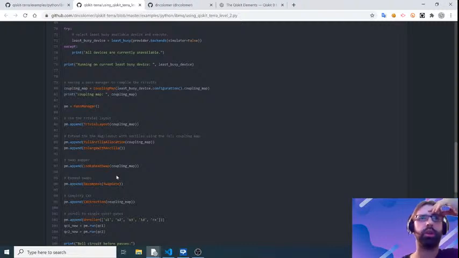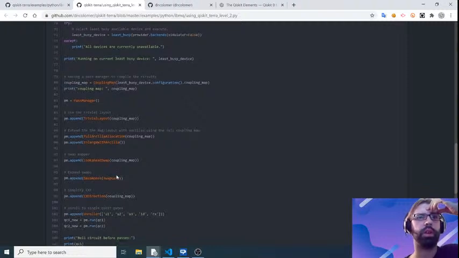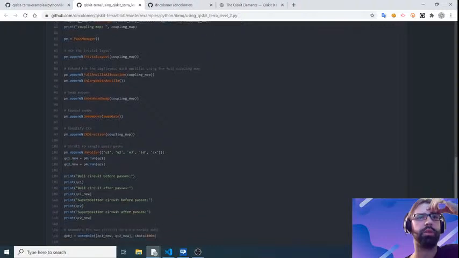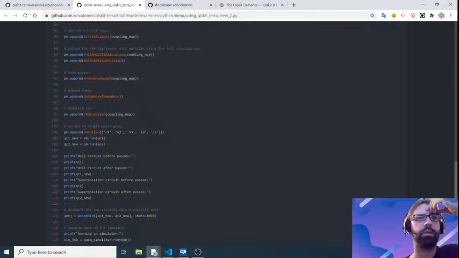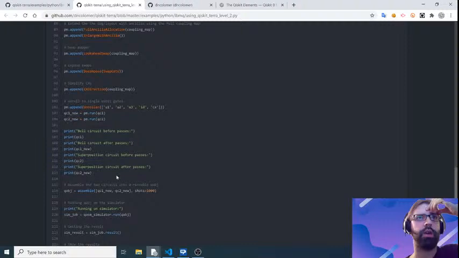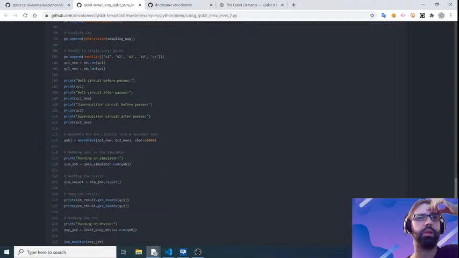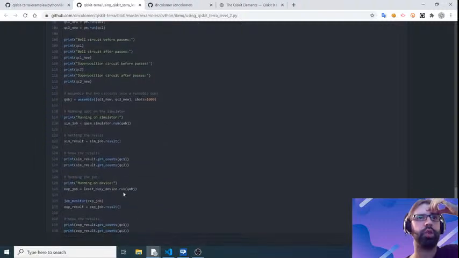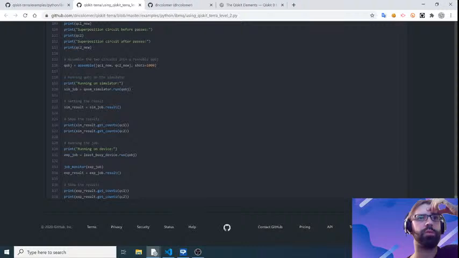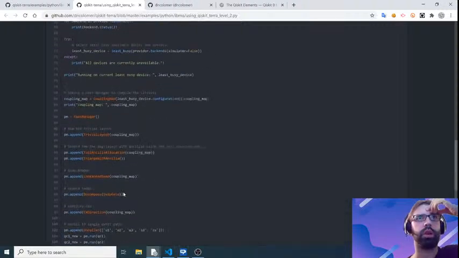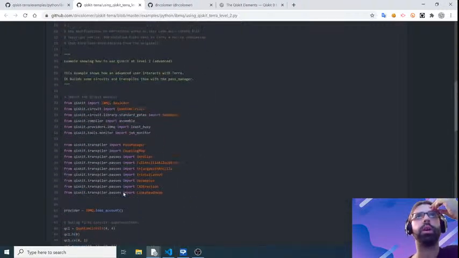Full and Sabre allocation, enlarge with ancilla, lookahead swap, decompose, swap mapper, simplify CX, unroll to single qubit gates. Ah, okay, cool. So you have a bunch of things. Then you have assemble, show the results, run the job. Okay, stuff like this, yeah.